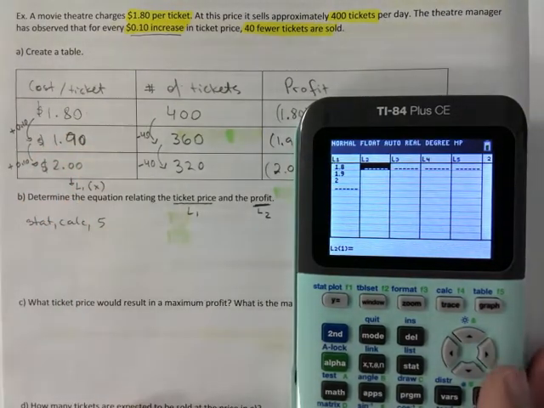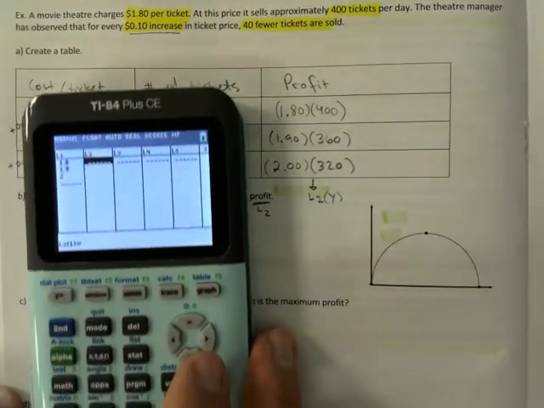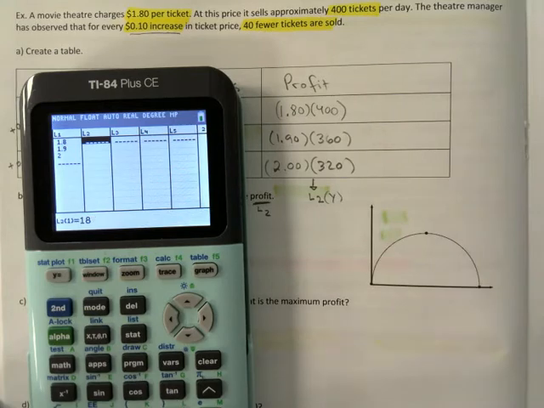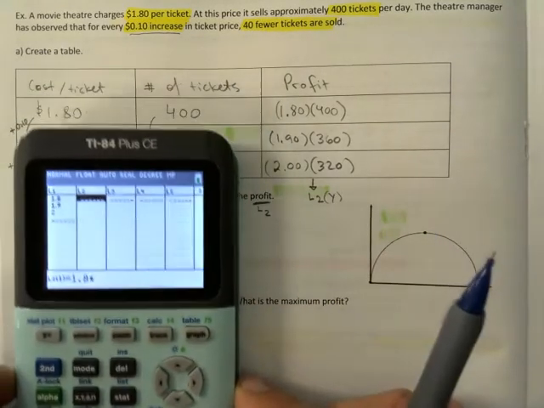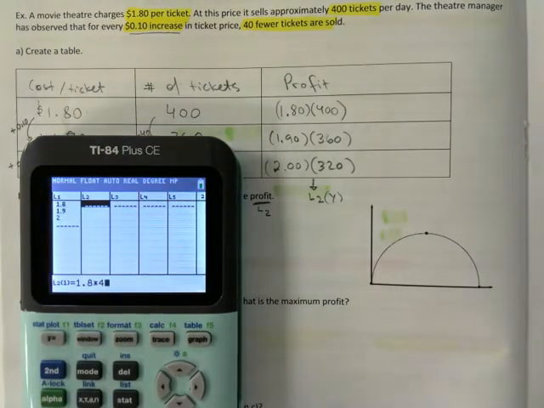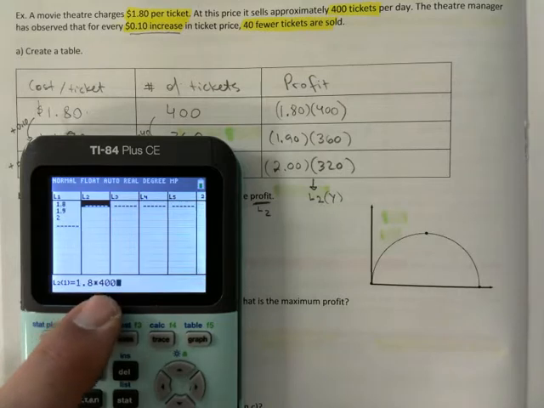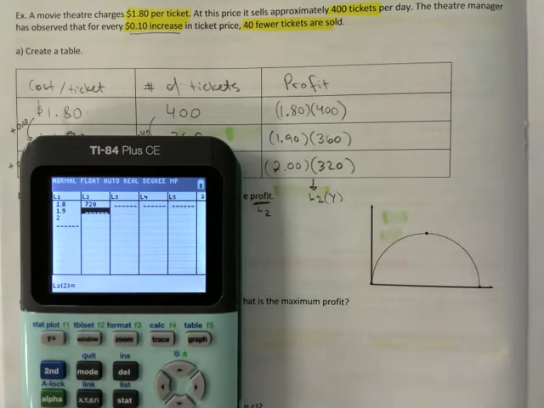And now you just observe what I'm about to do here. For L2, I'm actually going to go $1.80, so 1.8 times the 400. Just type that into that cell. I'm actually typing in 1.8 times 400, and then I'm going to go 1.9 times 360 and 2 times 320.